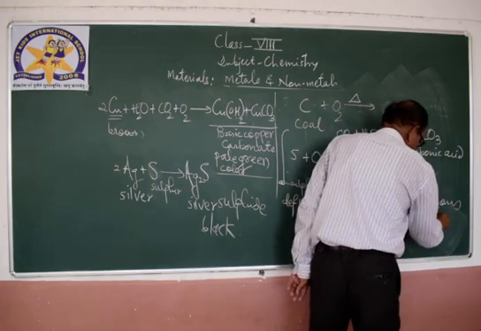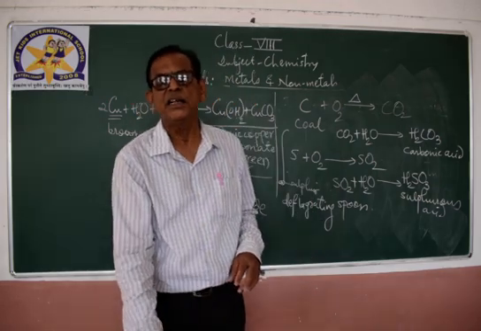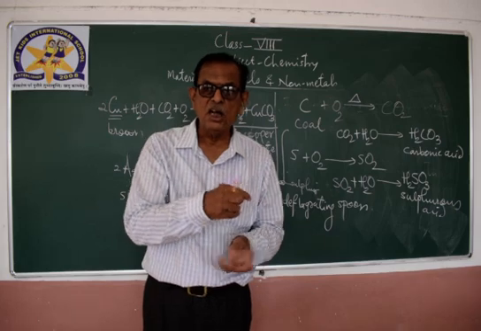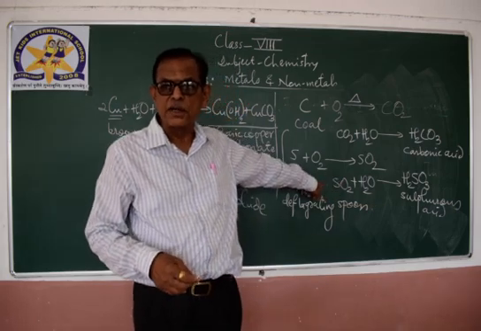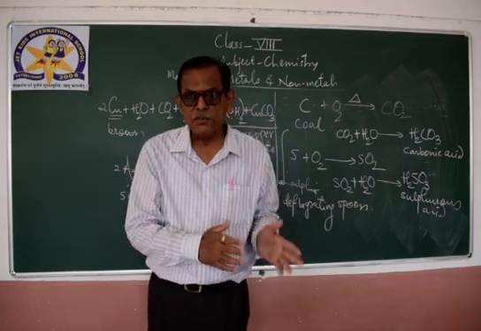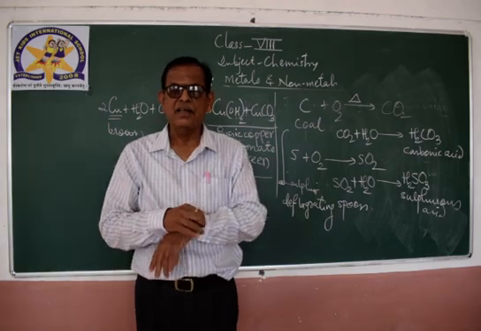In order to test the nature of the sulfurous acid, take the blue litmus paper and touch the solution of sulfur dioxide, that is sulfurous acid, and this sulfurous acid turns the blue litmus paper red.